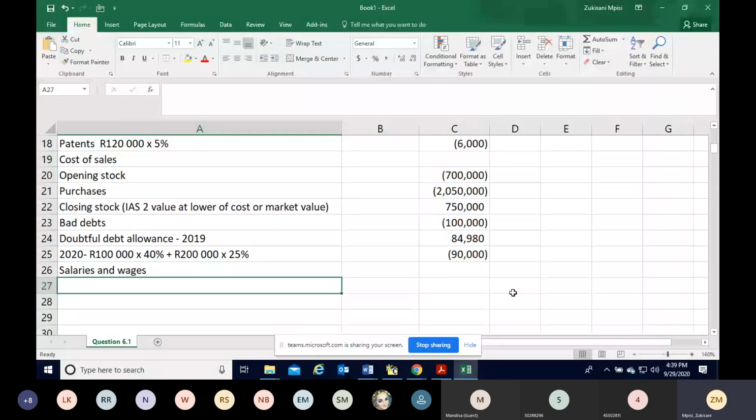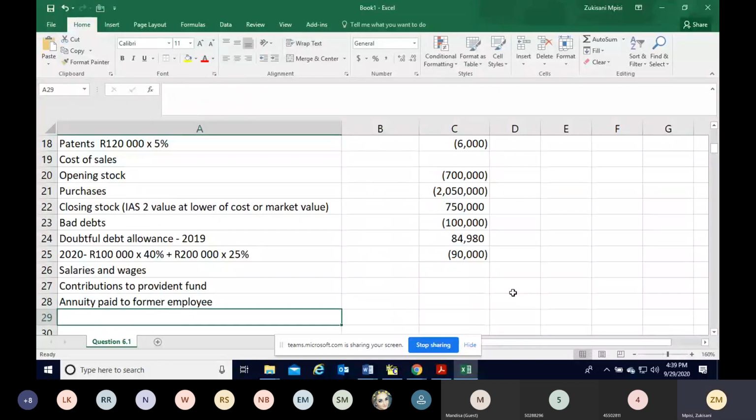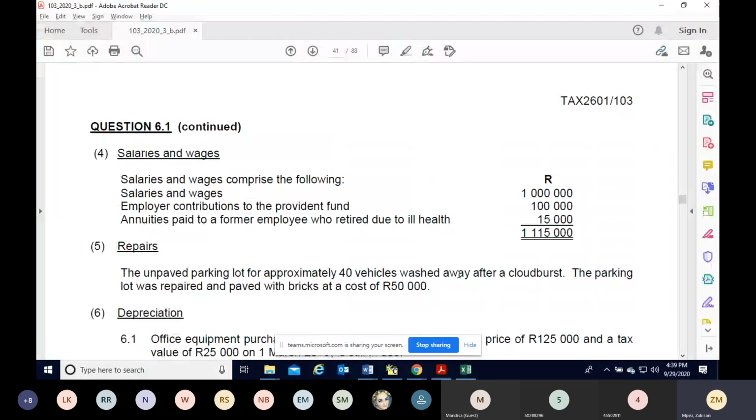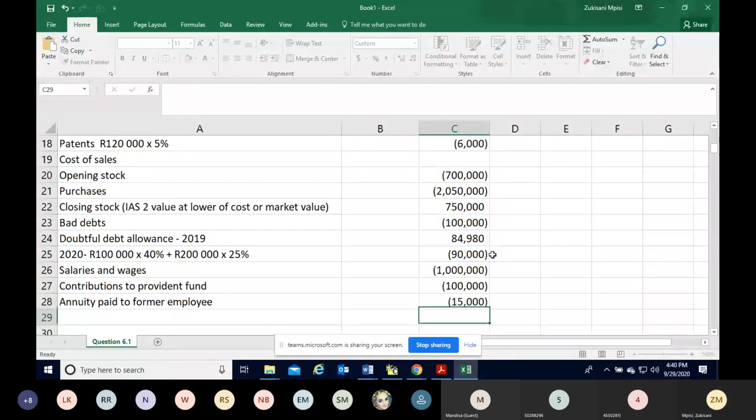So it's salaries and wages, it's contribution to Provident Fund, it's annuity paid, so it's always important that you write them separately because they are taxed on a different tax section. So we've got 1 million, we've got 100,000 and 15,000, right?